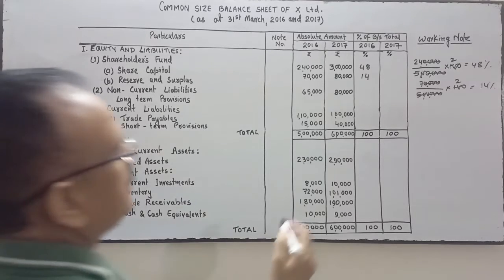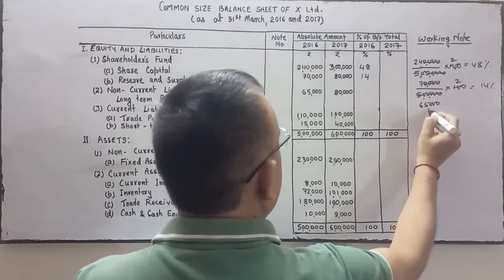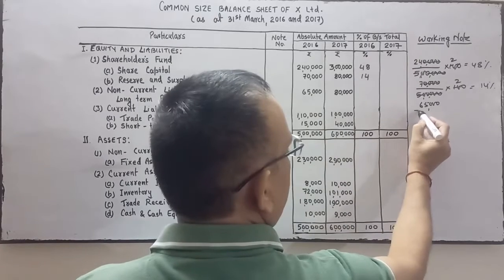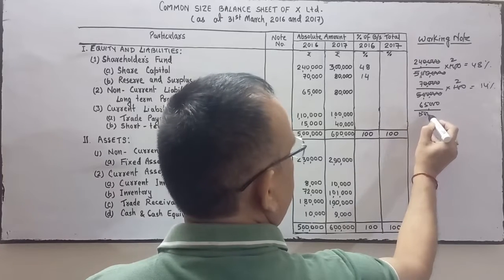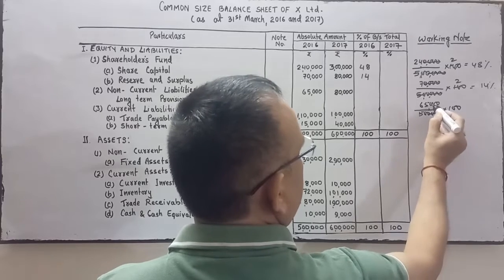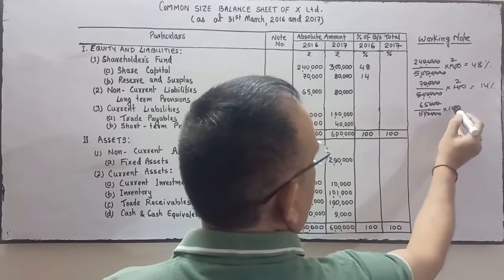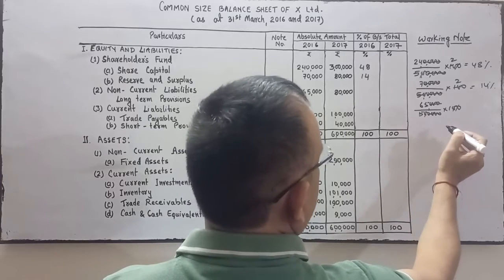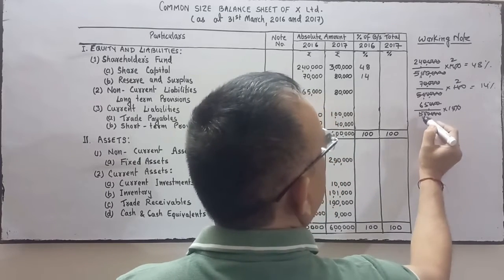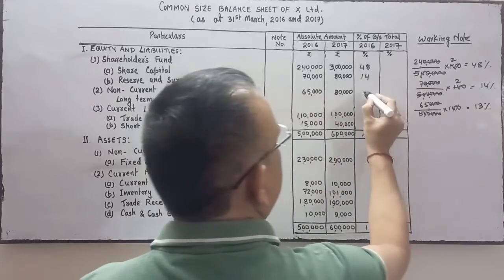Okay. Next is 65,000, the long-term provision, and total equity and liability is 5 lakhs, into 100. Is it clear? So it is 13%.